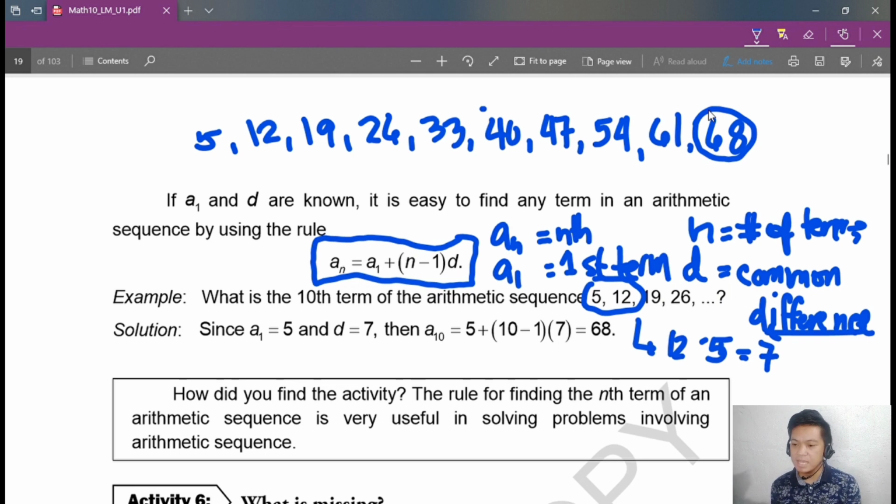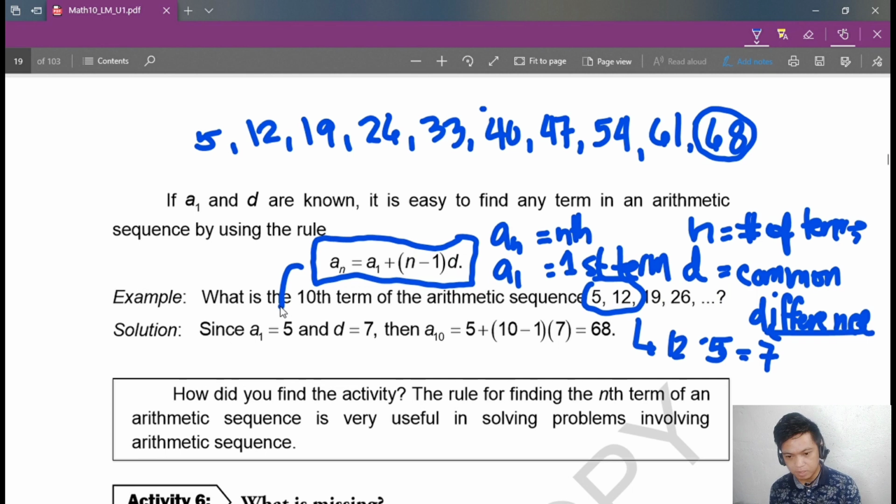As you can see, it's time-consuming. Tama? Kasi, paano na lang kung ang hinahanap natin is find the 50th term. Imagine you're going to add 7 successively. Medyo matagal.